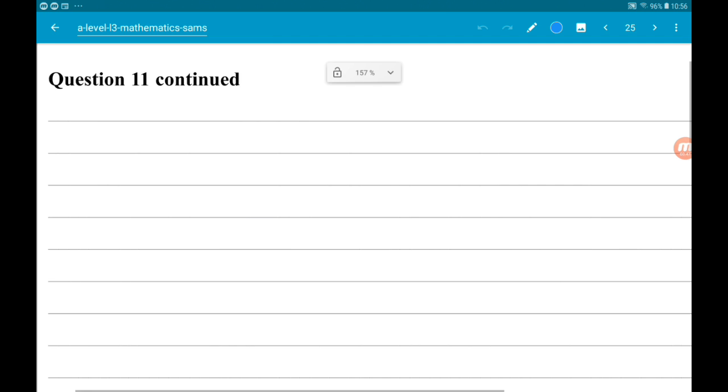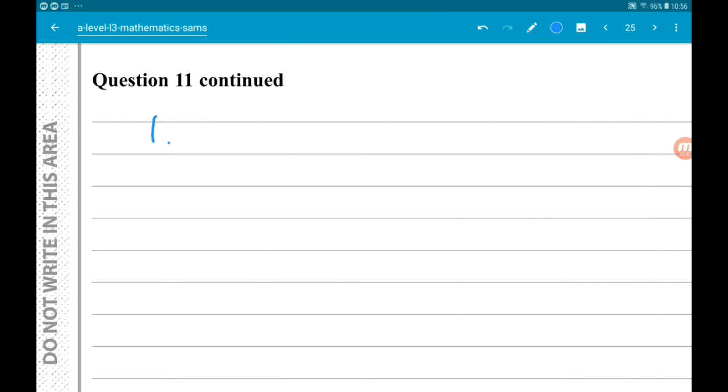So we have 1.8 add 0.4d minus 0.002d squared. Now, to be able to complete the square, you need to have a single positive squared term, which we don't. We have a minus 0.002 squared term.